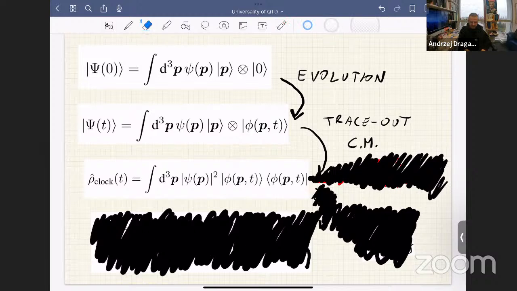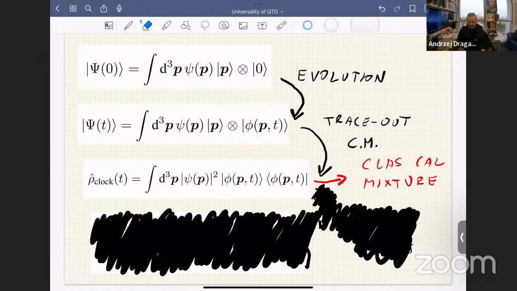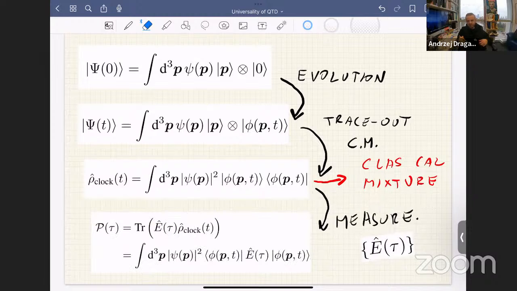Okay. The next step is that this is a classical mixture, and what you do next is you want to measure time. You want to make a readout of your clock, which means you have to take a clock system, apply some sort of measurement scheme, could be projective measurement, could be a generalized measurement with some POVMs, doesn't matter.